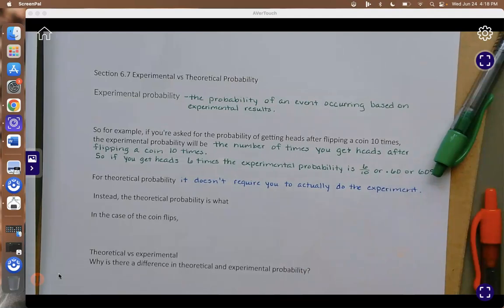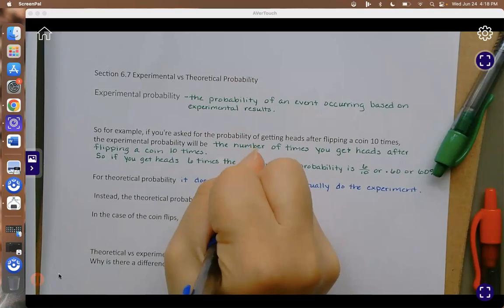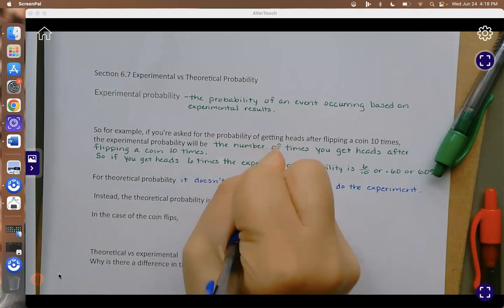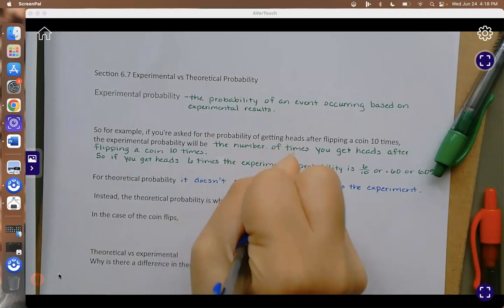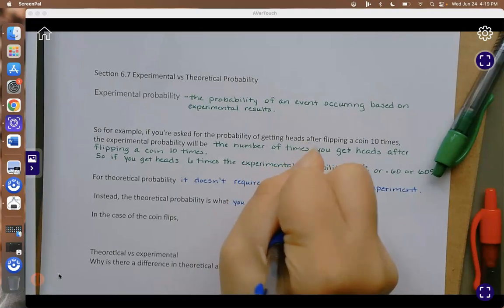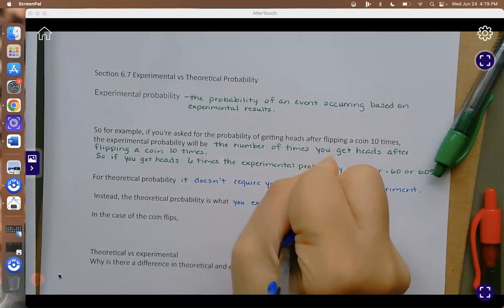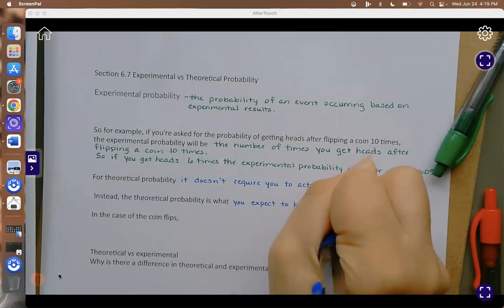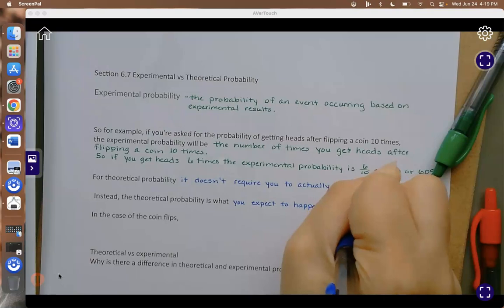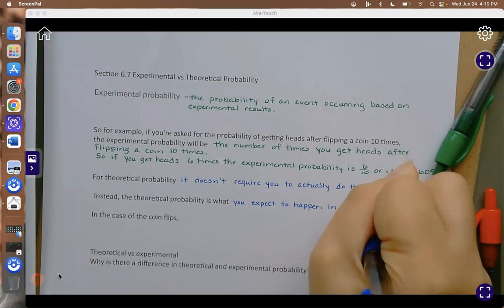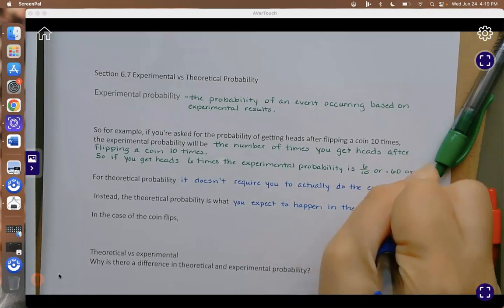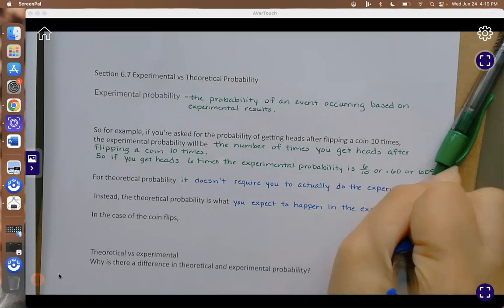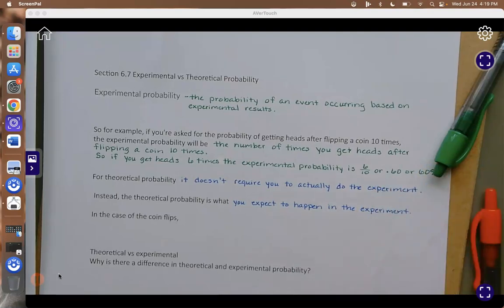Instead, theoretical probability is what you expect to happen in the experiment. So in theory, because you're not actually doing it.